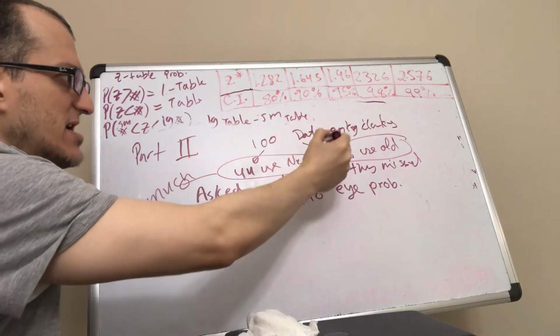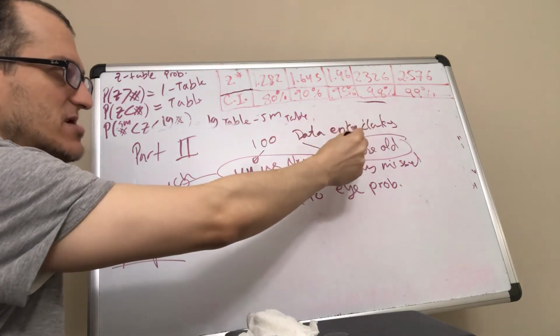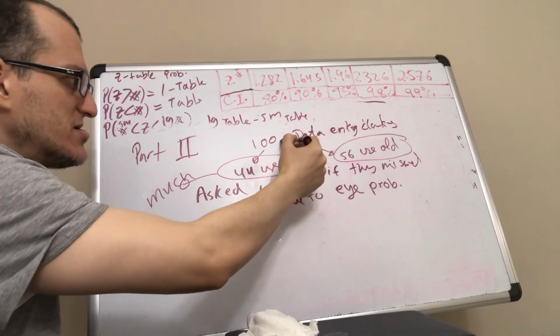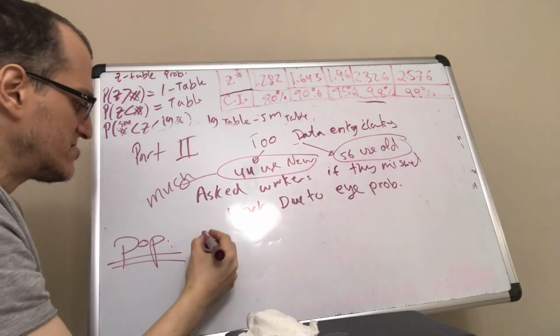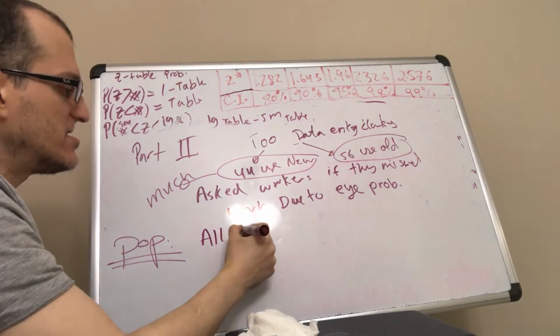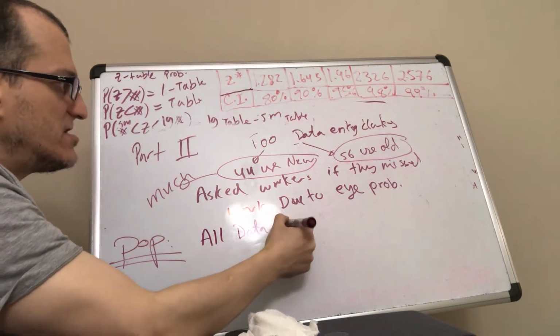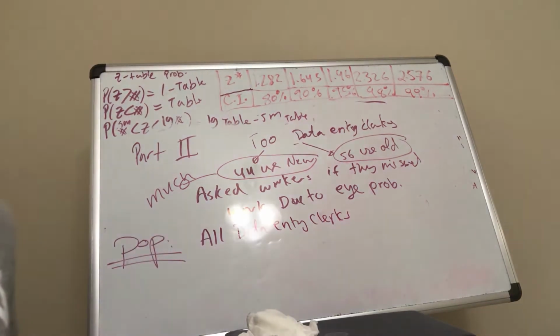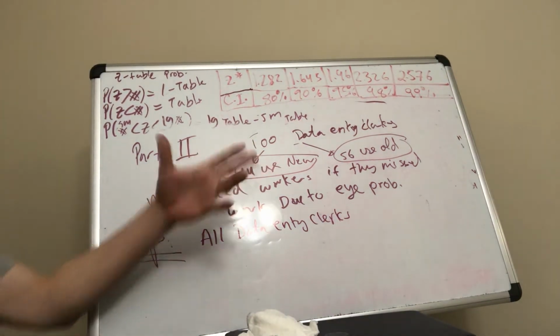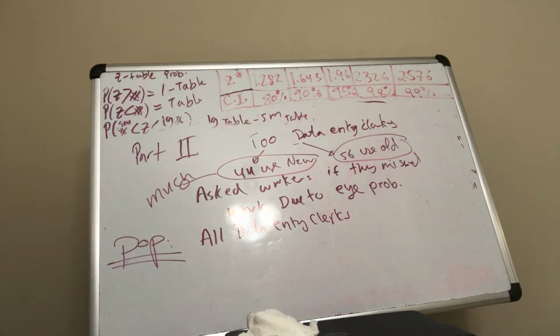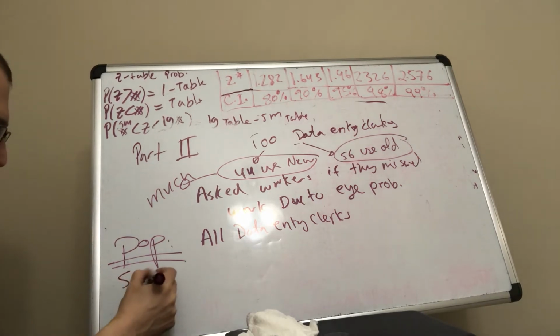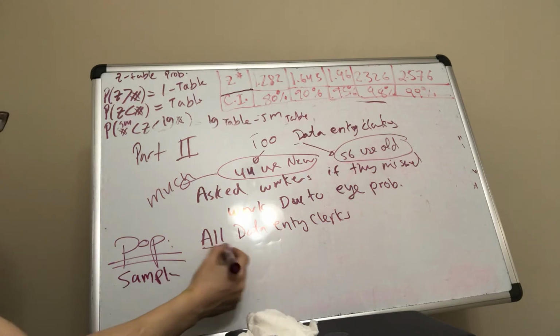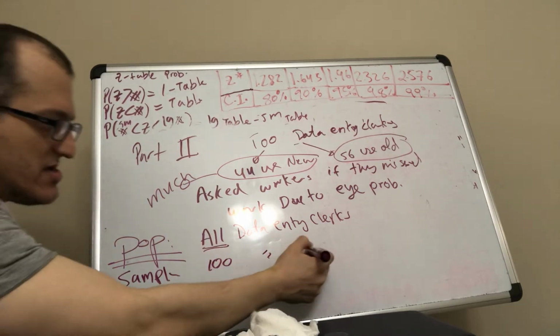It's 100 data entry clerks, sample of 100, so all you need to do is replace the 100 by all data entry clerks. So just replace the number by all, and that would be your population. And sample, we put it with the numbers. So the sample would be the 100 data entry clerks.